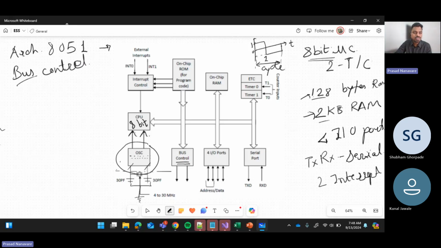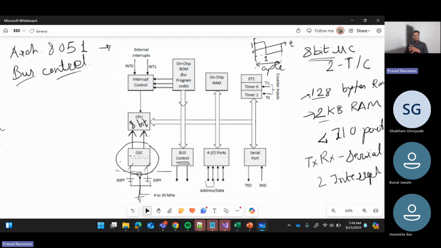So bus control. Now in the controller we have memory, we have storage, and data flowing from one end to the other, from the CPU to the end port and vice versa. So it's an exchange of data that is happening, and an exchange of addresses that is happening, right?